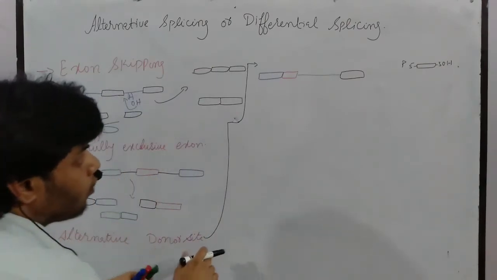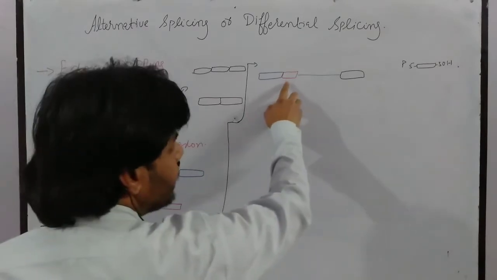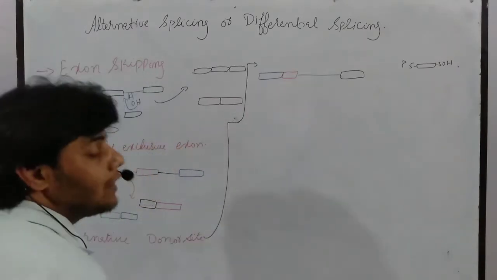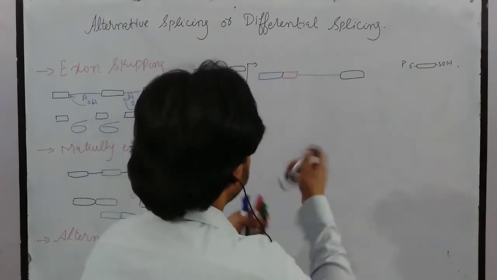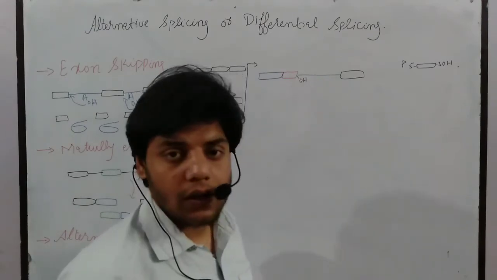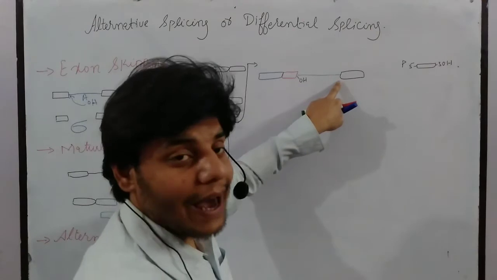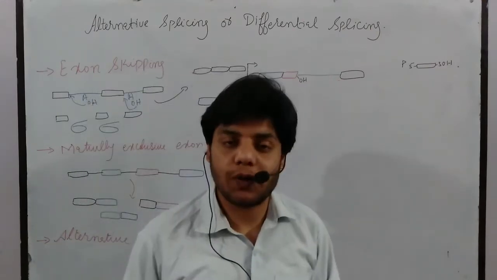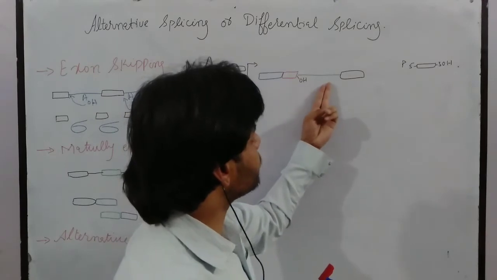During alternative donor site, what actually happened in this stage? This one exon, as you can see, will present what we call a hydroxyl group. As you can see, this hydroxyl group will attack this exon having the 5' phosphate group. So once it attacks the 5' phosphate group, we will get the structure like that.